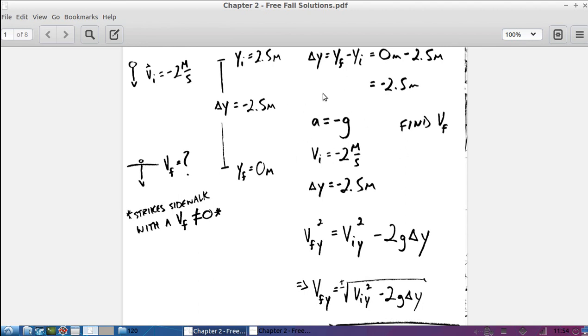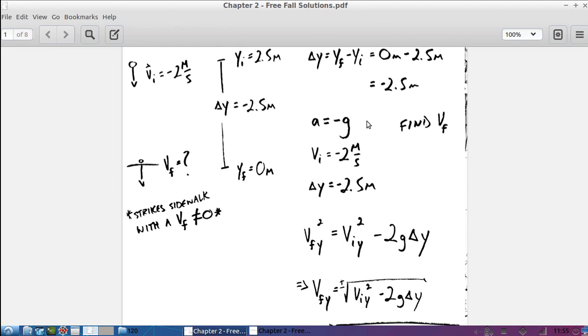Acceleration is g. Alright, so here's how I handle this. Acceleration is g, but it's in the negative y direction. Okay, so what I'm going to do is, instead of substituting a negative sign in, I know it's negative, so the negative sign just represents the vector property of the acceleration vector.